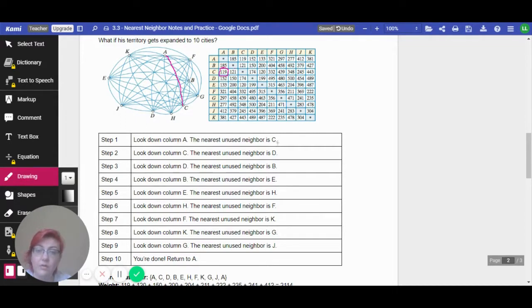So the nearest unused neighbor is C. Now we're going to look down column C. All right, I see 120. 120 is the lowest, but 120 is not D. 120 is E.